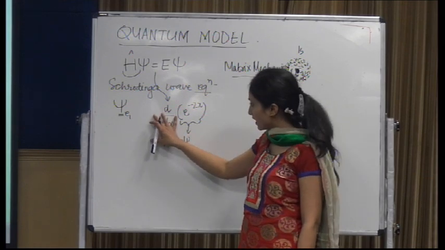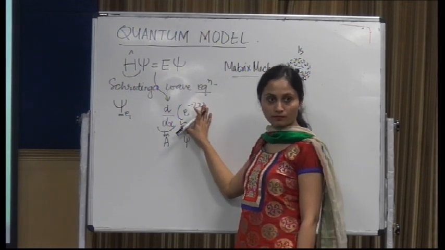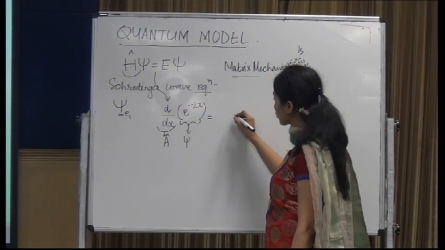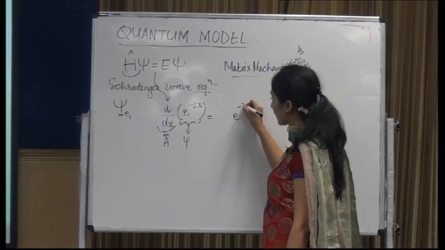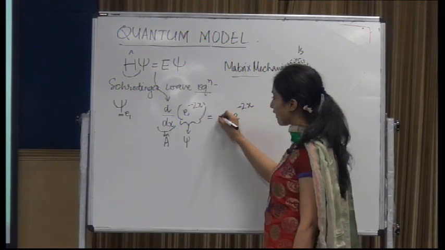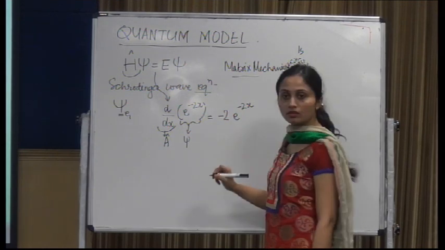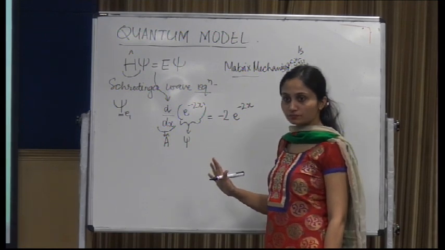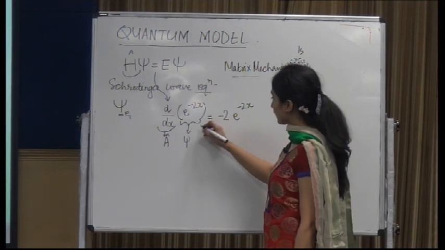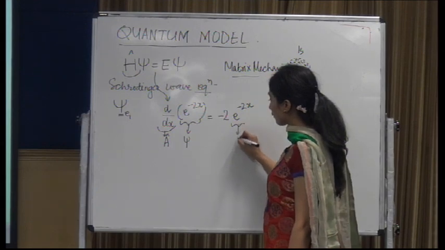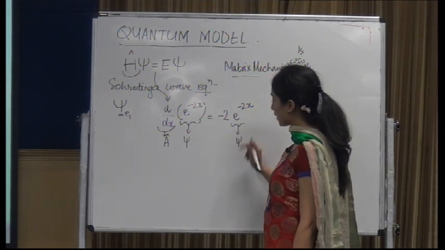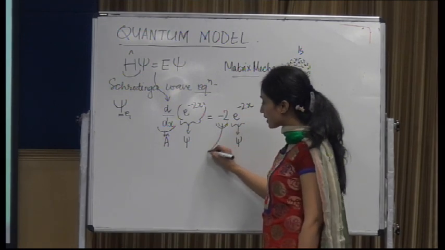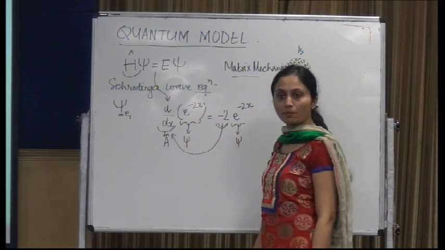I will operate this on my function. If I am getting back my function, what will be my function? E to the power minus 2x along with a value. What will be that value? Minus 2. All of you know that much differentiation. Then that means I am getting my function back along with a value, and this value belongs to my operator.